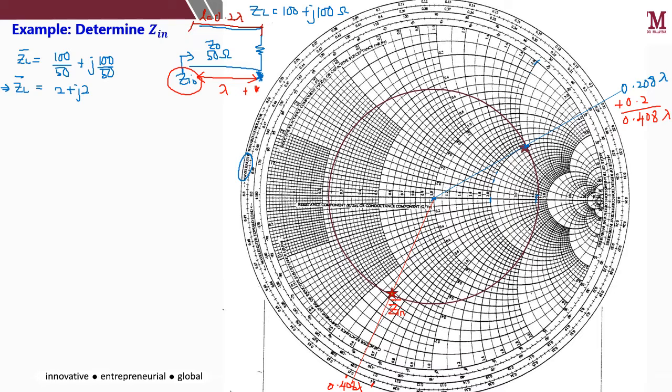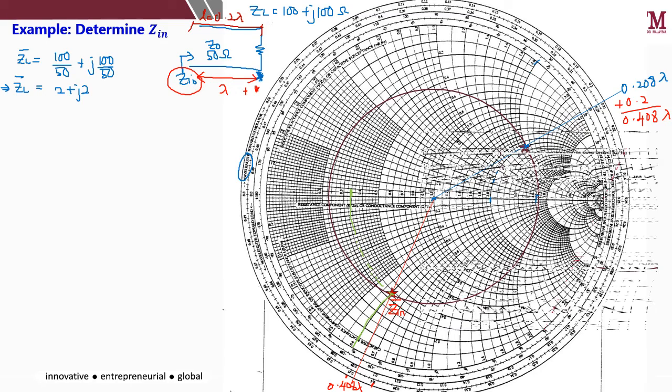So Z-in value, it's somewhere here, 0.3. And how about the imaginary? It's 0.6.